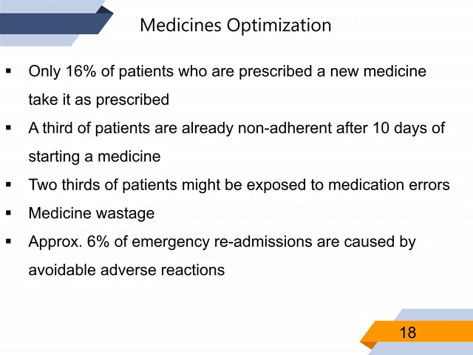Some studies from the UK show that only 16% of patients who are prescribed a new medicine take it as prescribed, experience no problems and receive as much information as they need. It means that a larger proportion of patients do not take medications as they are prescribed or they experience some problems. 10 days after starting a medicine, almost a third of patients are already non-adherent.